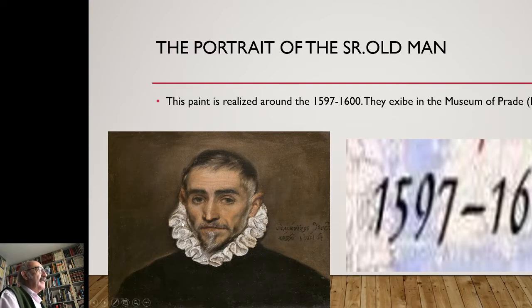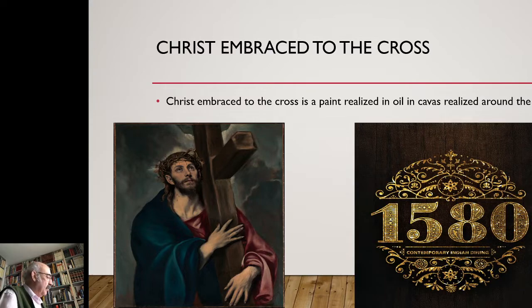You can see here this person, and this is the signature of El Greco, Domenicos Theotokopoulos. Good. This is not the only work we're going to see about El Greco, but we don't have more time to see more. Maybe the day after tomorrow we're going to see more works about El Greco.